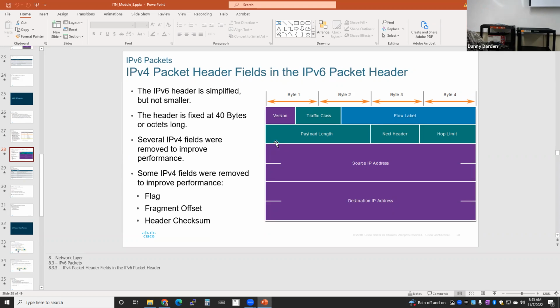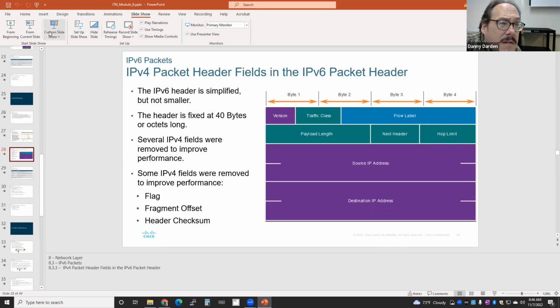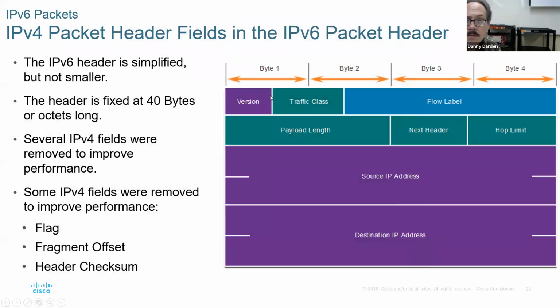Does everybody see where those byte boundaries are and why they're there? Let me make that bigger. So it's a 4 byte wide, 40 byte long packet. 4 bytes, 6 times: 1, 2, 3, 4, 5, 6.